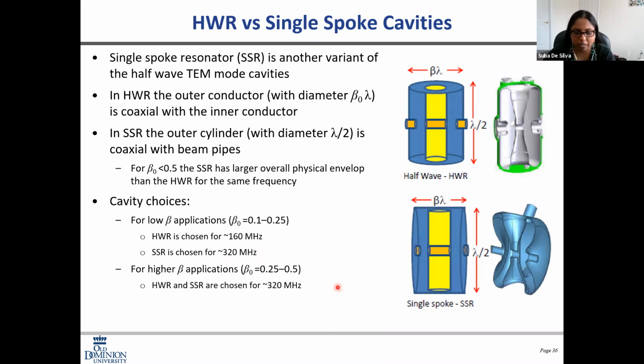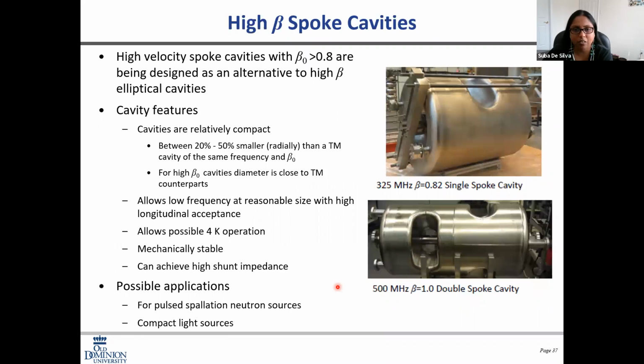And I showed you earlier that we have done high beta spoke cavities operating at 0.8 and 0.1 beta. So these are the two cavities that I showed. This is a 325 megahertz, 0.82 beta cavity. It's more than half a meter in diameter, so you can understand the scale of it. And lengthwise, this is closer to a meter.